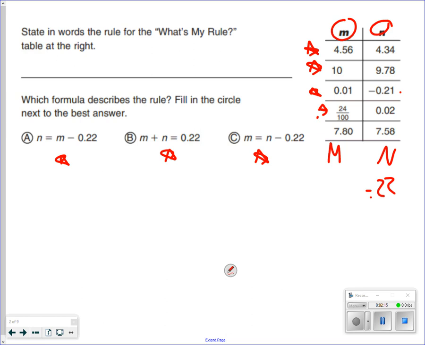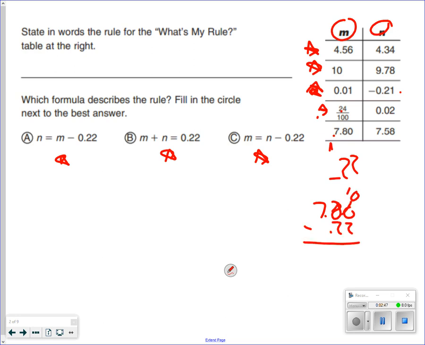And then this one right here, 7.80 minus 0.22. We get 10, we get a 7, we get 8, we get 5, 7, 8. Perfect.